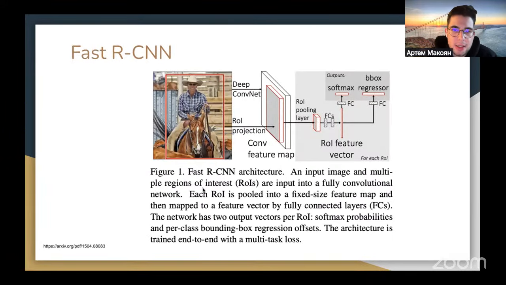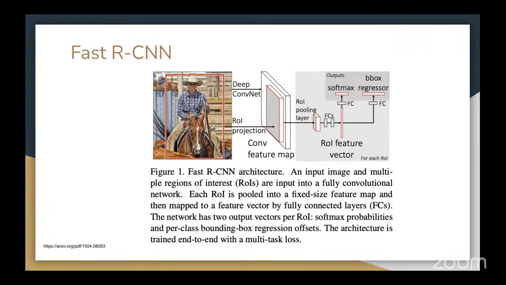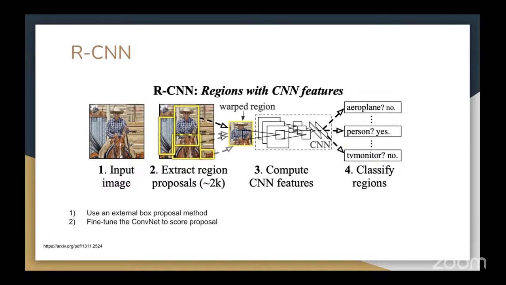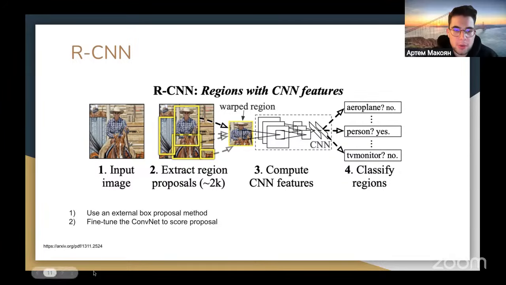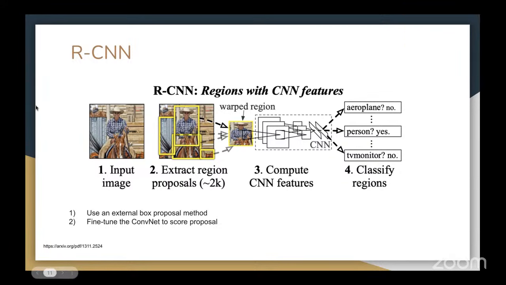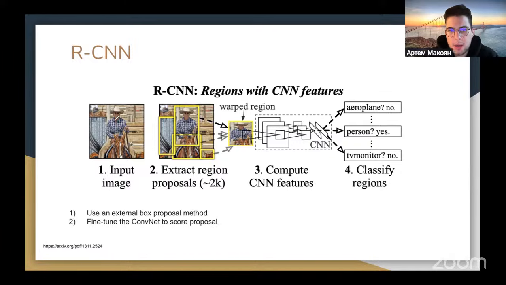Next was Fast R-CNN. How do we extract regions? Propose regions, you mean? Yeah, as I said, it's an old algorithm. I wouldn't talk about it, but the main idea is to join pixels with a similar color into one big region.